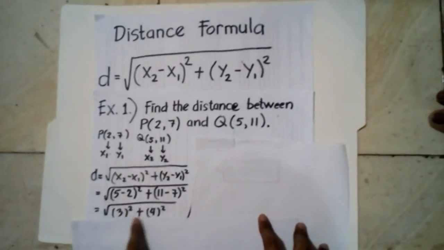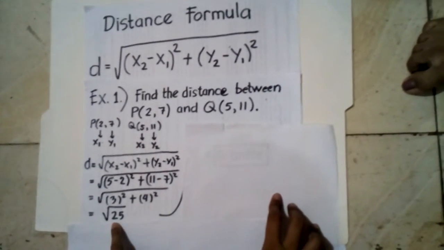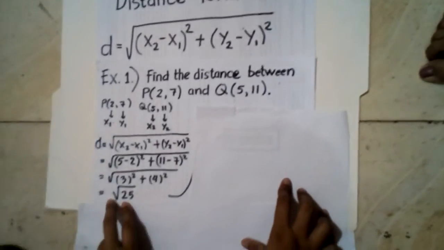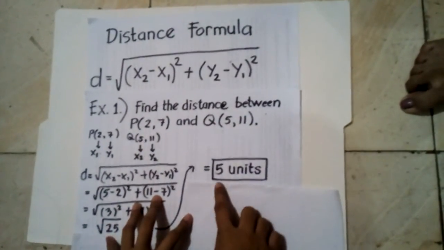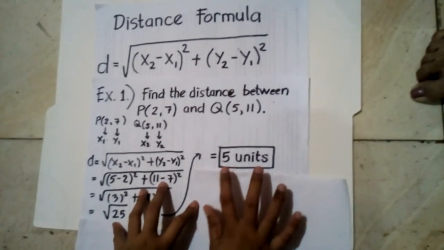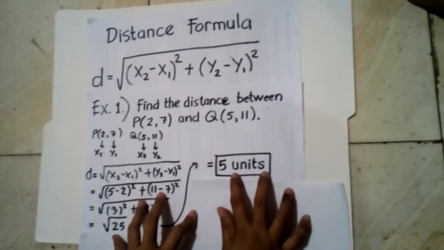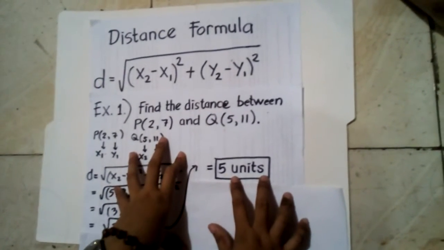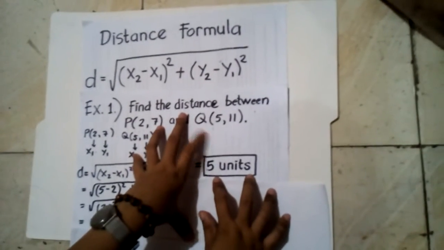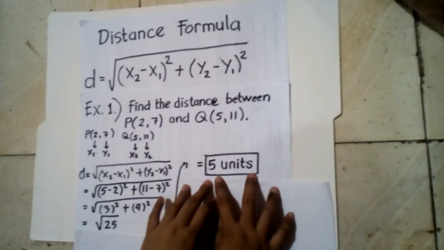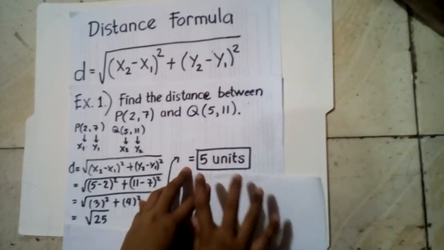And 3 squared plus 4 squared is equal to the square root of 25. And the square root of 25 is equal to 5. And we have 5 units. We put units here because we don't know the specific units being told in our given, since we are talking about distance. So we should put units. So our final answer is 5 units.